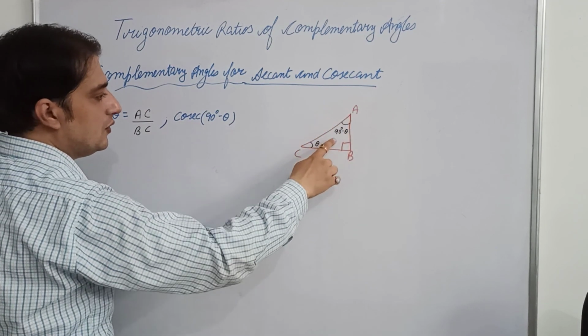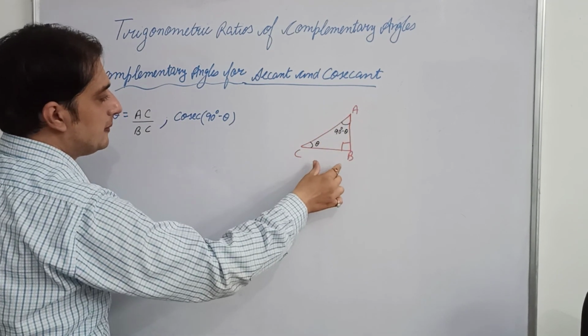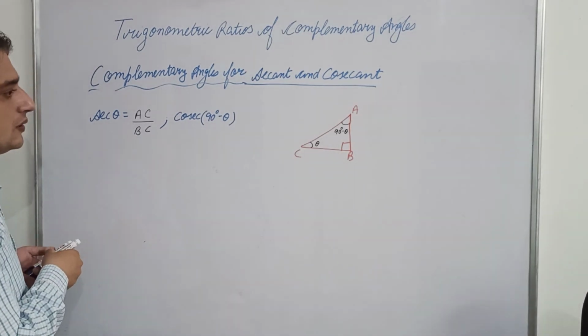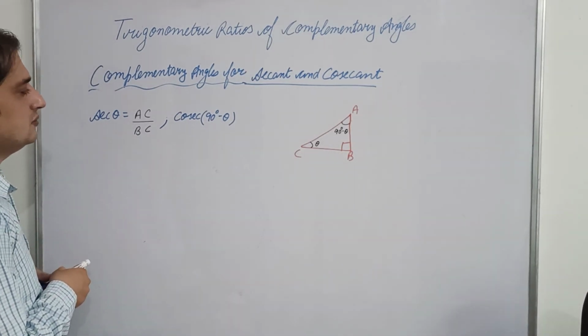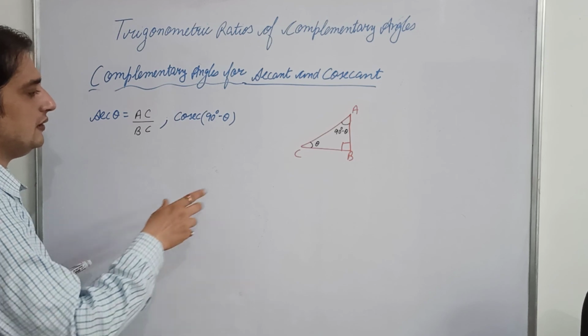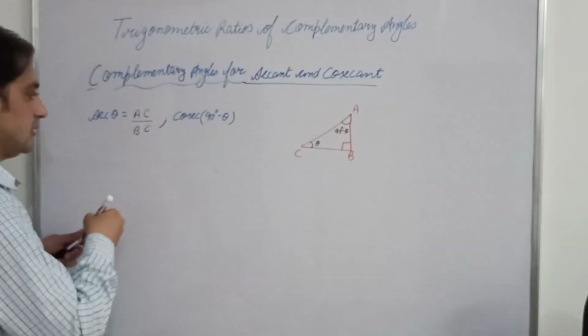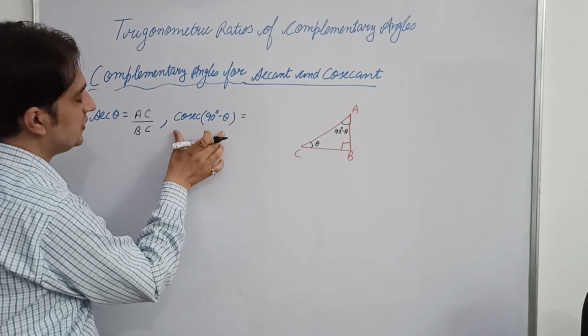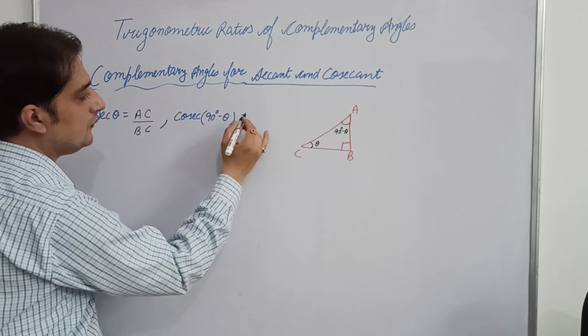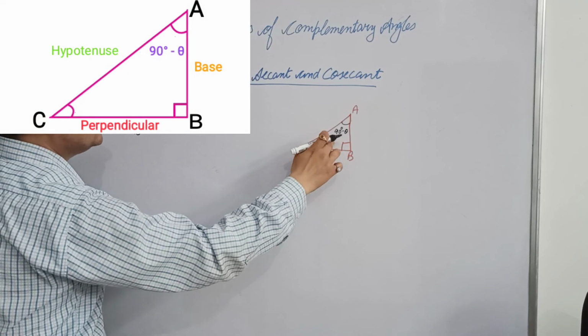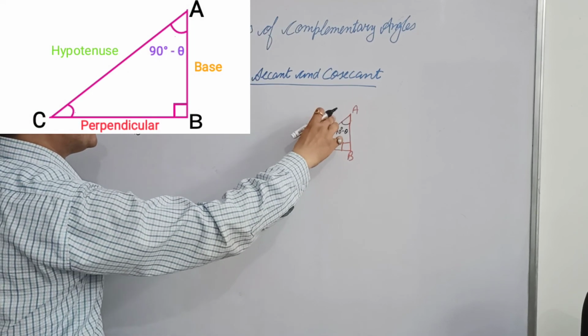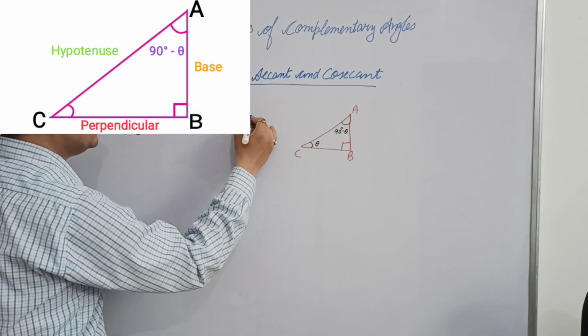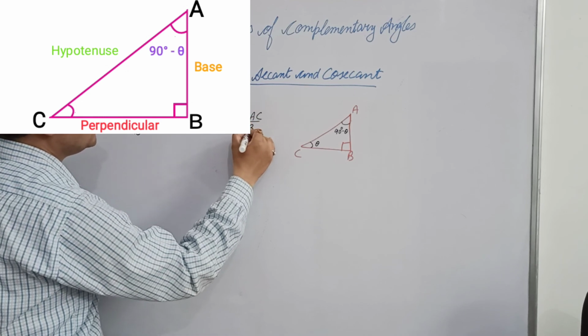For this angle A, or angle 90 minus theta, the perpendicular is BC and the hypotenuse is AC. The ratio is hypotenuse by perpendicular, the reciprocal of sine. First write the hypotenuse, that is AC upon BC.